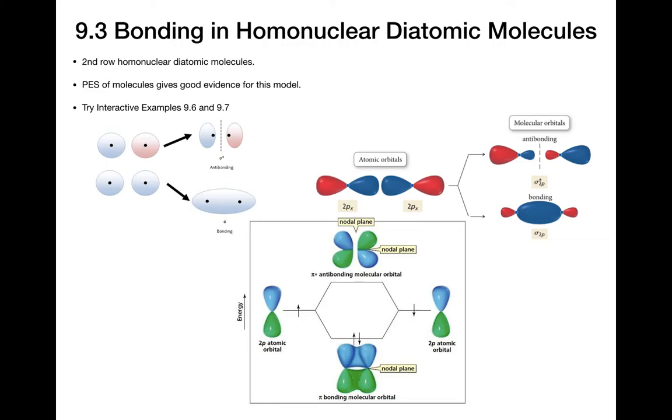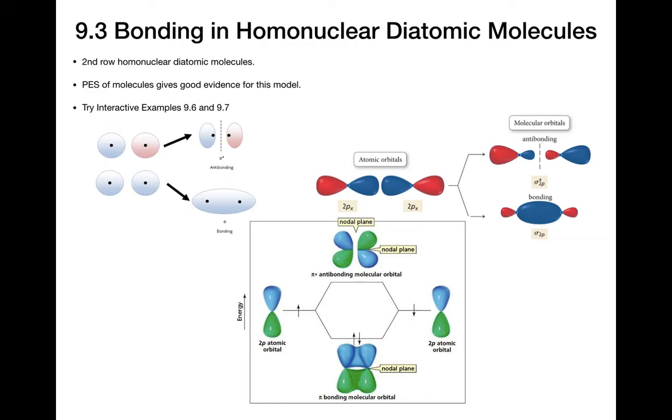So the bonding molecular orbital, which lowers the energy, would be due to pi overlap between the p orbitals, just like we saw earlier with the multiple bonds overlapping p orbitals. We would have pi bonding, but if the pluses and minuses are opposites, we would have pi antibonding orbitals, which look a little bit like a butterfly with the middle part missing. That's a nodal plane in the middle.